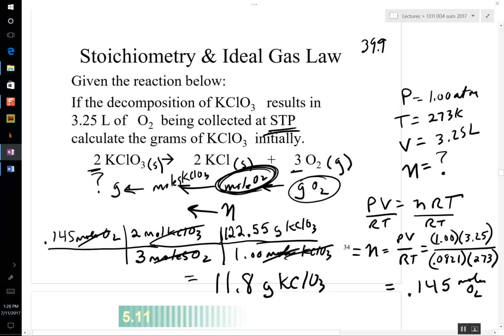I don't know if we have time, but did I say there was one like that here? A stoichiometry problem. Still Dalton's law of partial pressure. We haven't done Dalton's law of partial pressures yet.